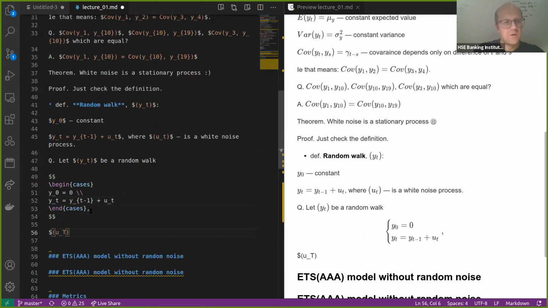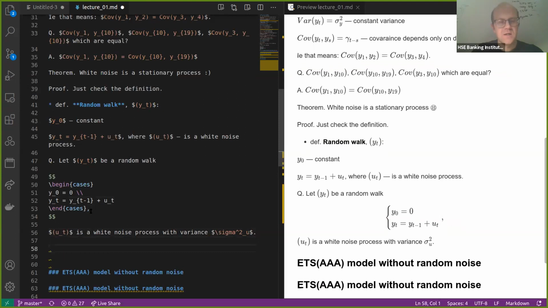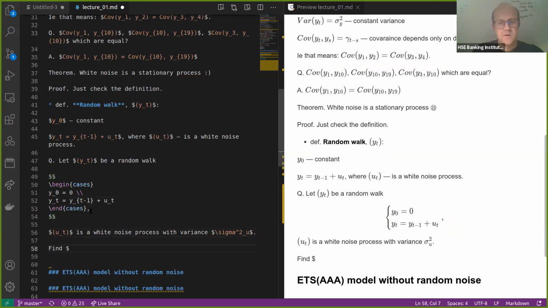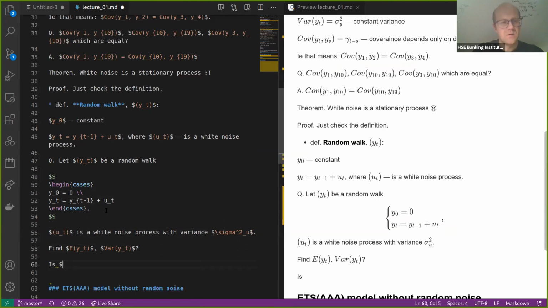Ut is a white noise process, let's say with variance sigma squared u. My question finally is: find the expected value of Yt, find the variance of Yt, and is Yt stationary?